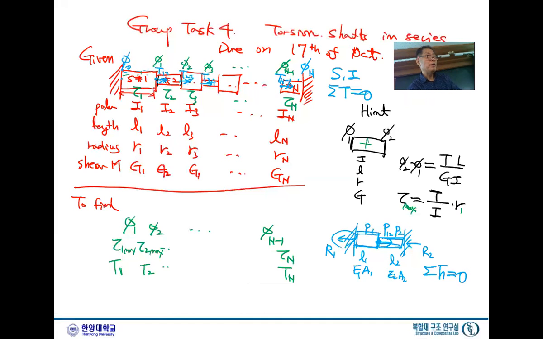These are all unknown, but phi 0 is given as 0, it's fixed, and phi n is given as 0. Now each one would have this much relative angle of rotation, which is related to TL over GJ, right? So you would have a series of equations. For this, you have this equation. This one, you have a P1, P2 equation. How many equations would you have? You would have n equations, right?